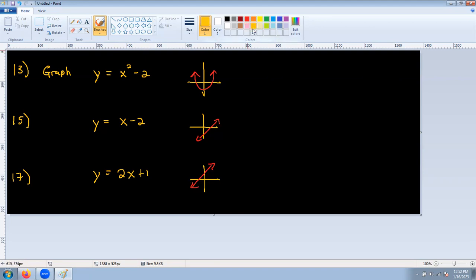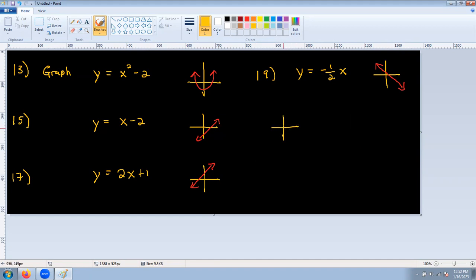And then I can also have something like this. Okay, that just goes through it one time, right there. You can also have other functions that look like this.